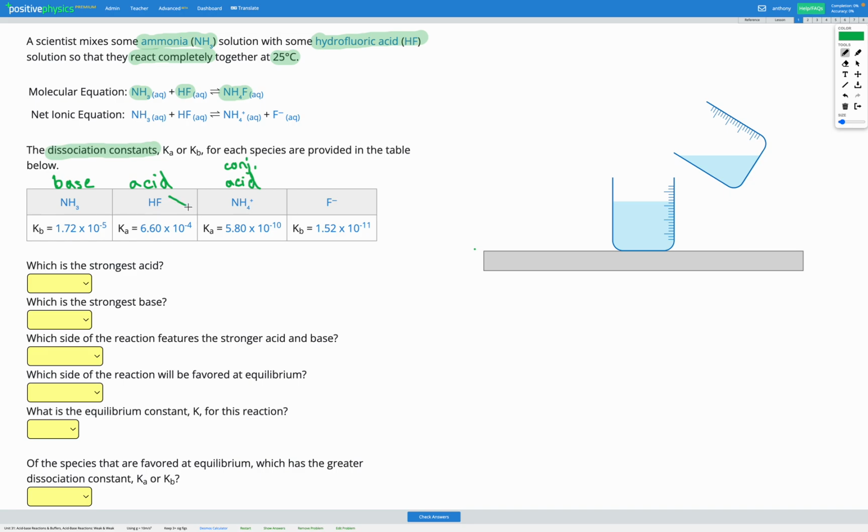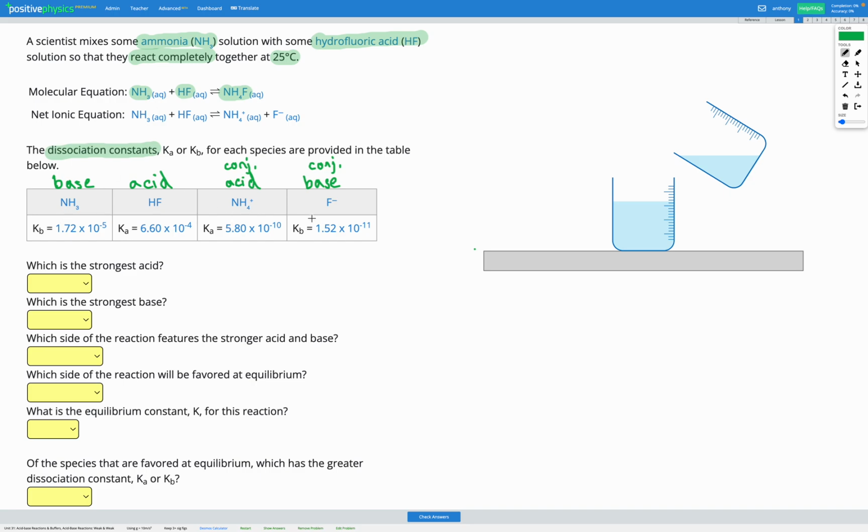That's going to lose an H to become F minus. So that must be the conjugate base. That's why we have Kb for NH3, which is a base, and Kb for F minus, which is a conjugate base. And we have Ka for HF, which is our acid, and Ka for ammonium, which is our conjugate acid.